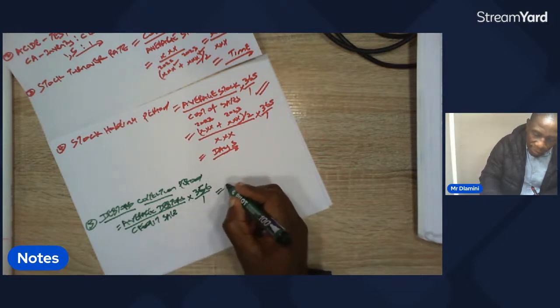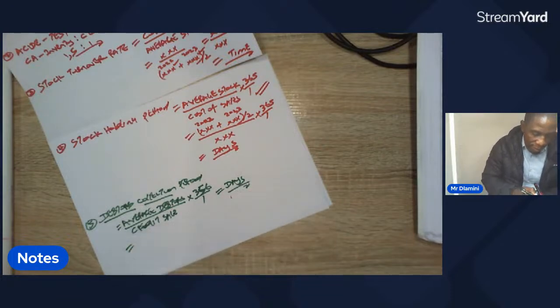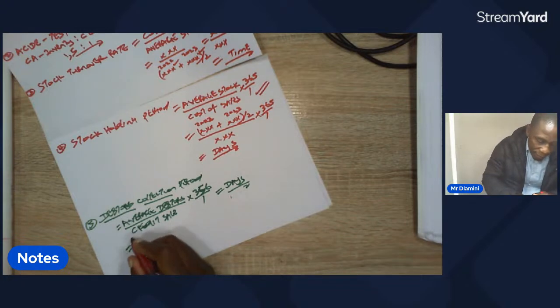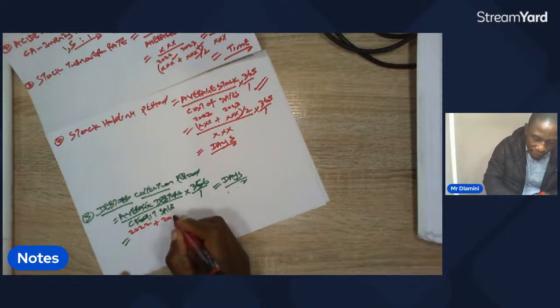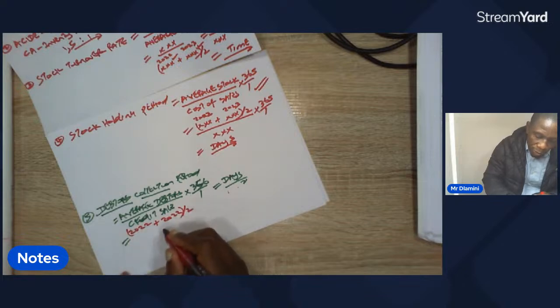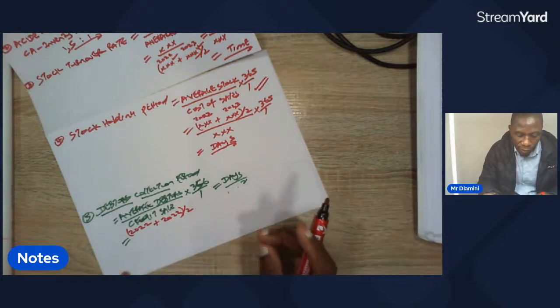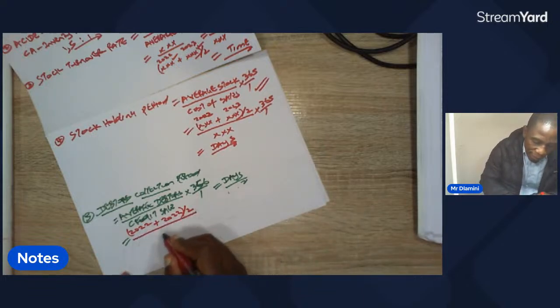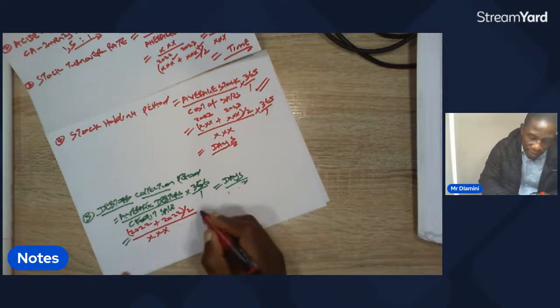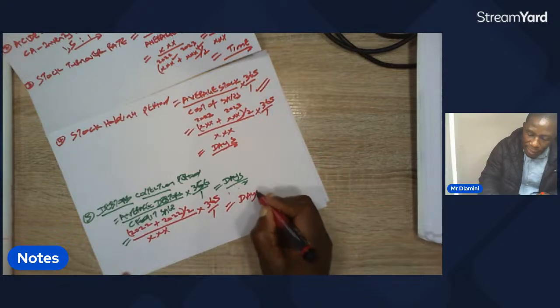So the answer here is something days. Remember, the average is my debtors last year, 2022, plus my debtors this year, 2023, divided by 2. If we're dealing with 3 years, you add them and divide by 3. If you are dealing with 4 years, you divide by 4. Then divide by credit sales, times by 365 over 1, and you'll get your answer in days.